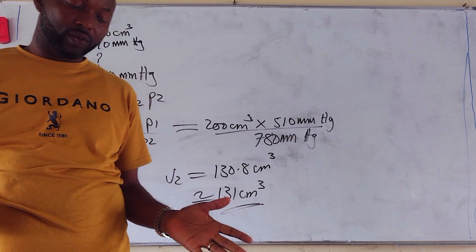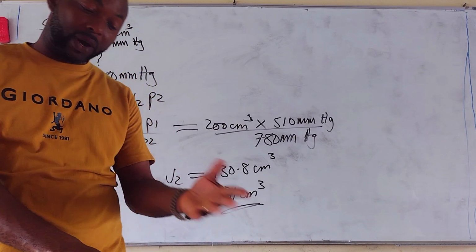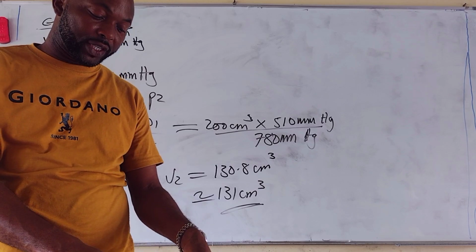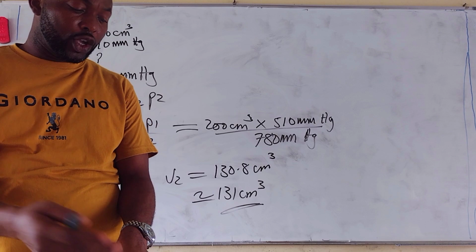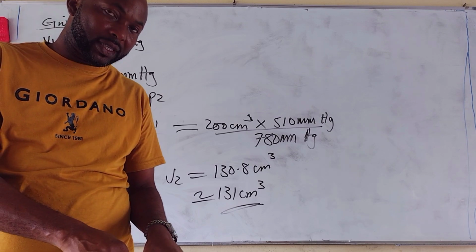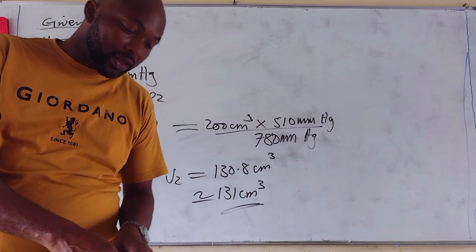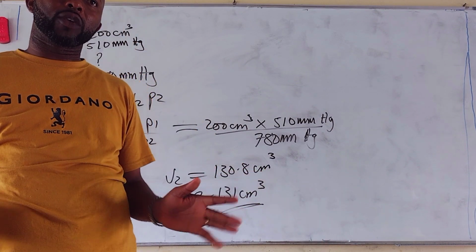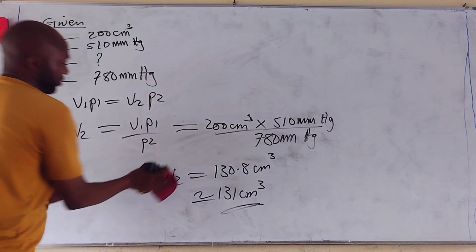What pressure will be required to compress 350 cm cube, which is our V1, of hydrogen, at 700 millimeter of mercury, which is our P1, to 300, which is now our V2, with temperature remaining constant. So we are going to be looking for P2 now.